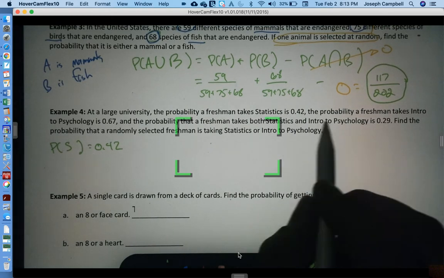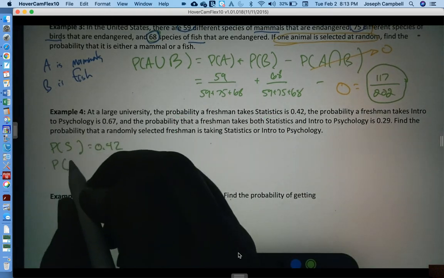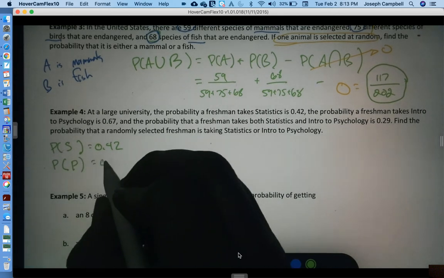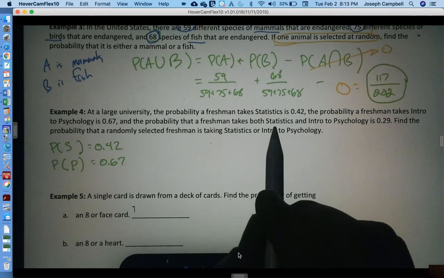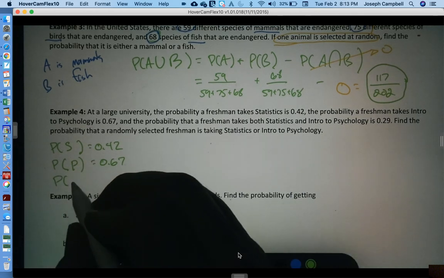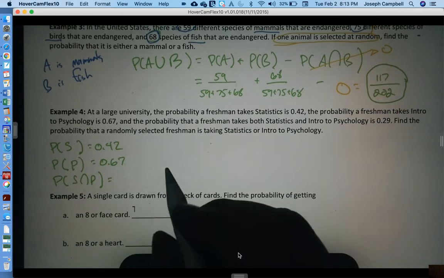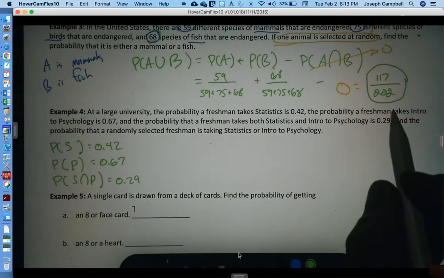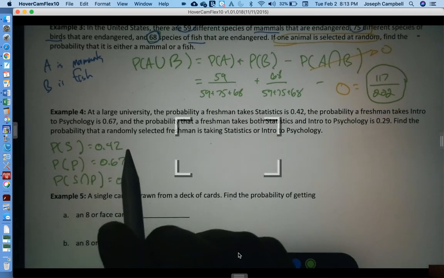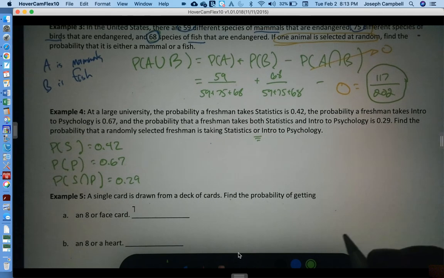The probability that one takes intro to psychology, we'll do P for psychology, is 0.67. The probability that they take both, S and P, is equal to 0.29. Find the probability that a randomly selected freshman is taking statistics or intro to psychology.